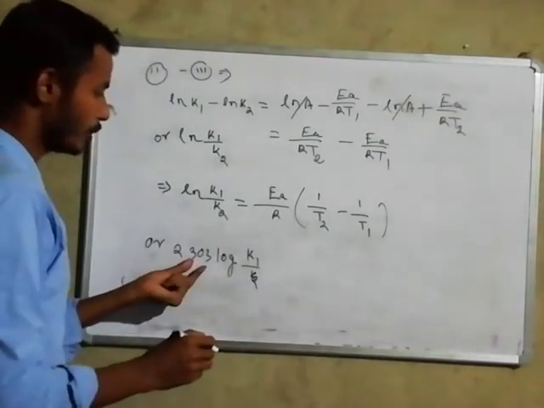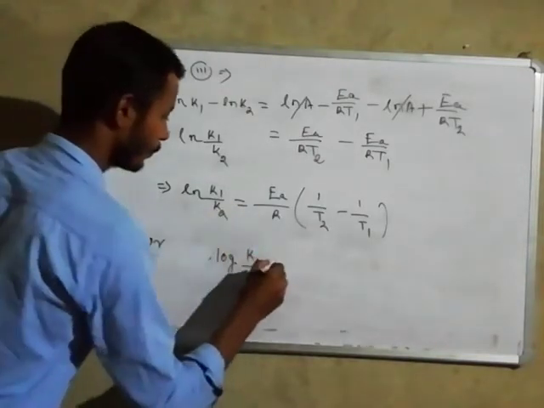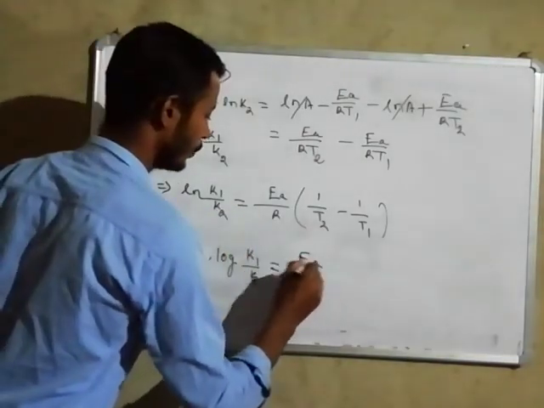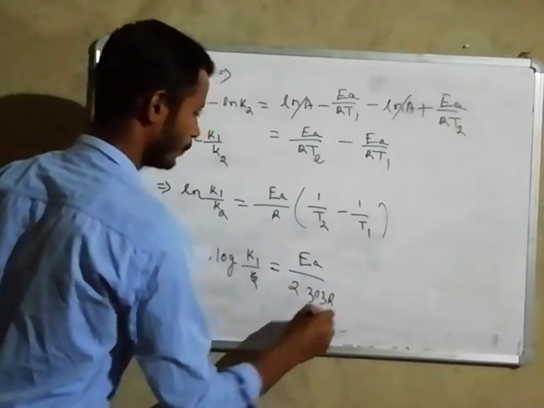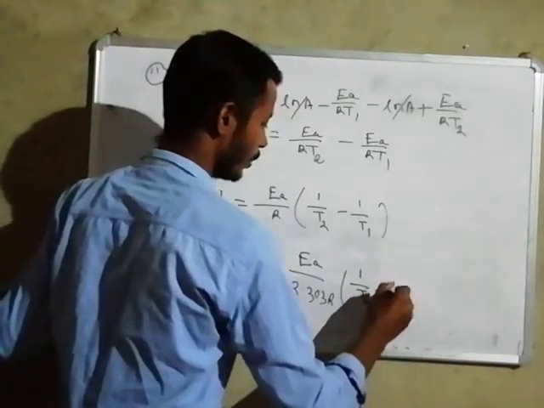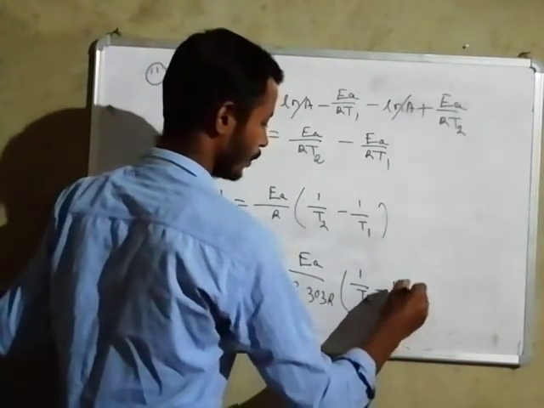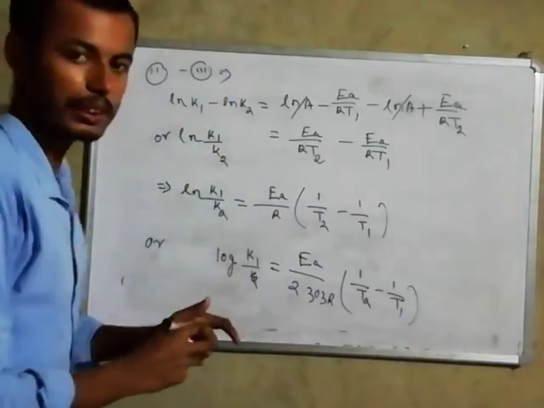Then on this side, Ea divided by 2.303 R into 1 by T2 minus 1 by T1. So this is the Arrhenius equation at two different temperatures.